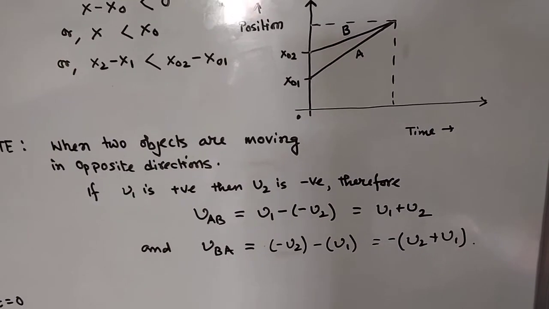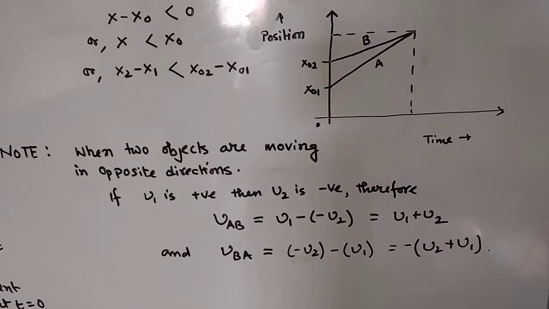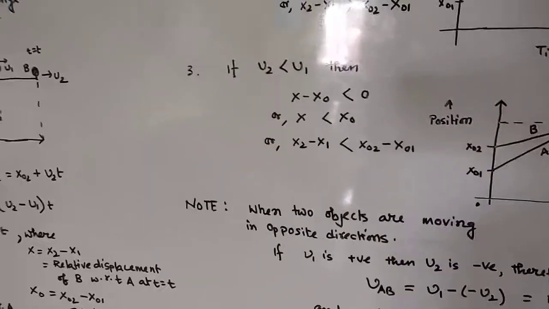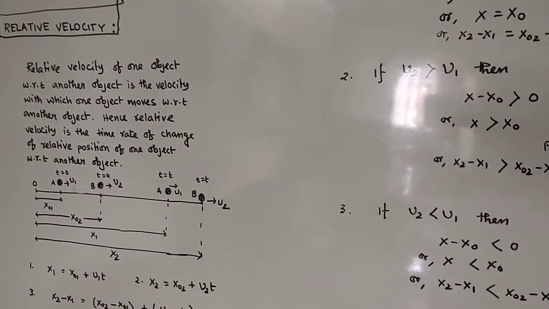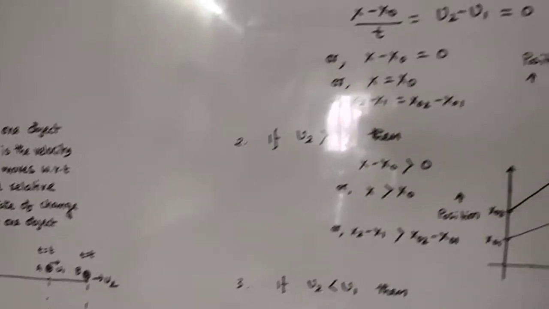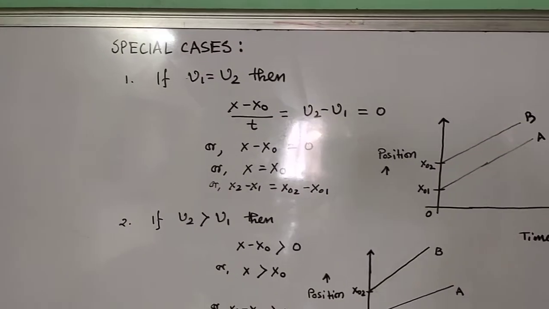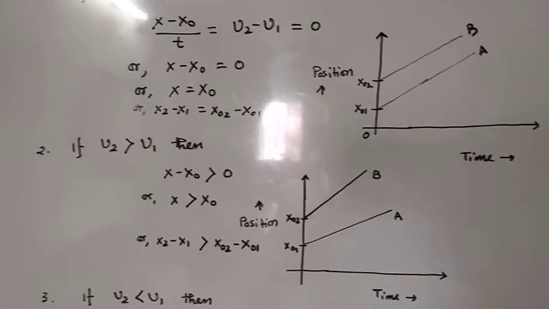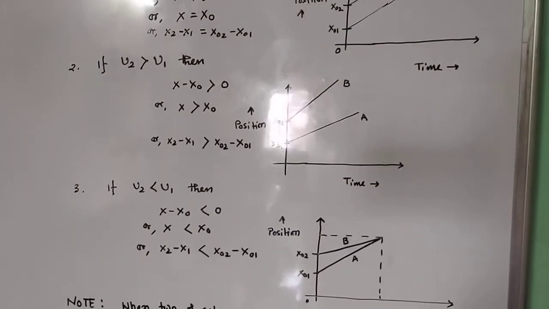So if two objects are moving in opposite directions, the relative velocity adds up. If two objects are moving in the same direction, the relative velocity is the difference between the two velocities. This is all related to relative velocity as described in this chapter.